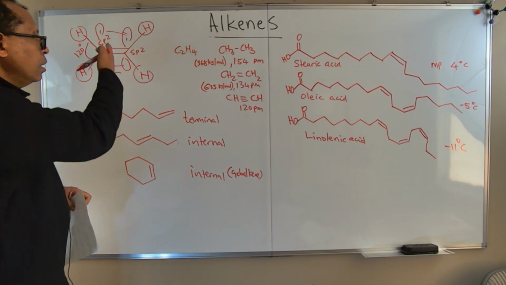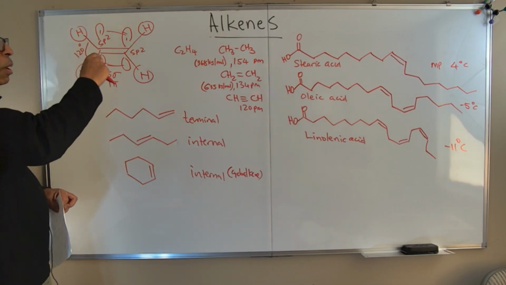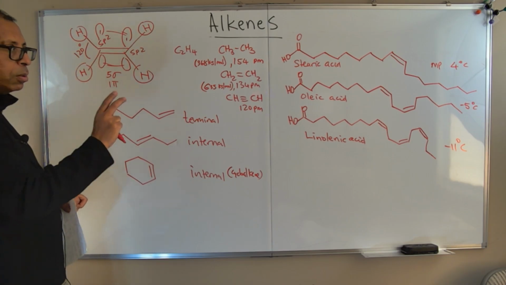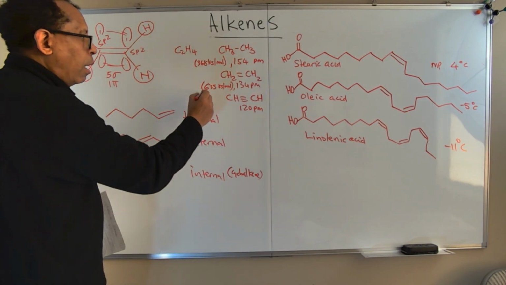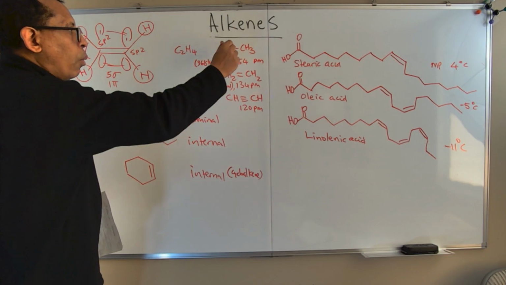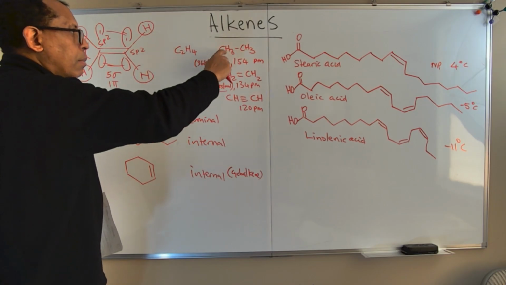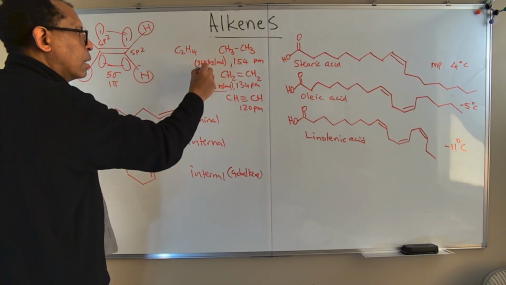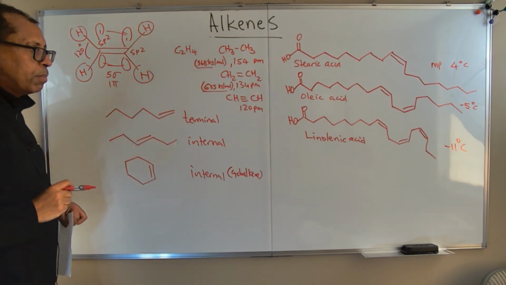Because obviously, it is not one single bond. It is a combination of a sigma and a pi bond. So that double bond needs a lot of energy to break, while the carbon-carbon single bond for alkanes is 368 kilojoules per mole.